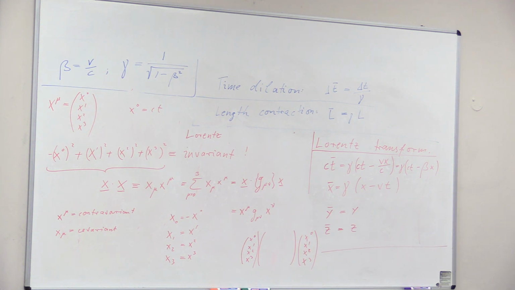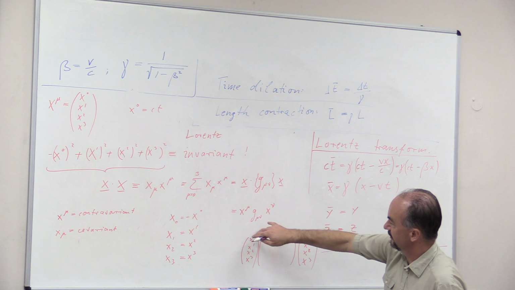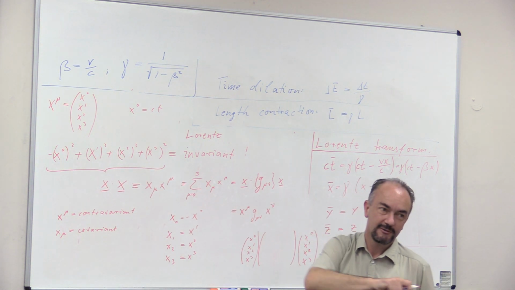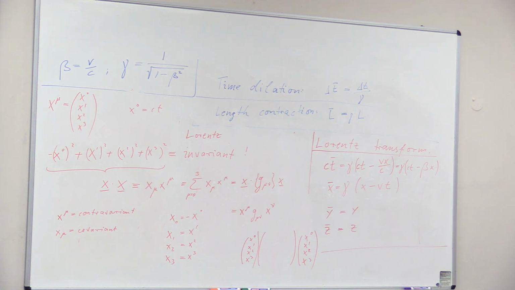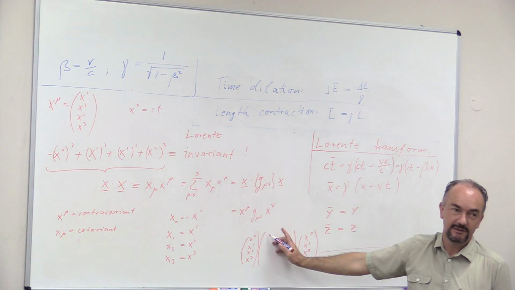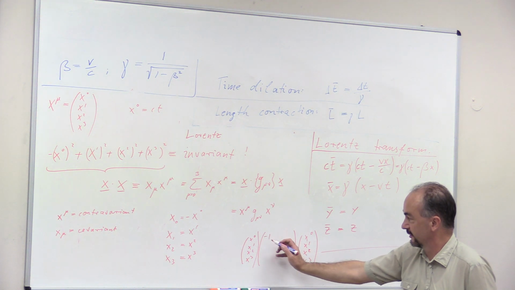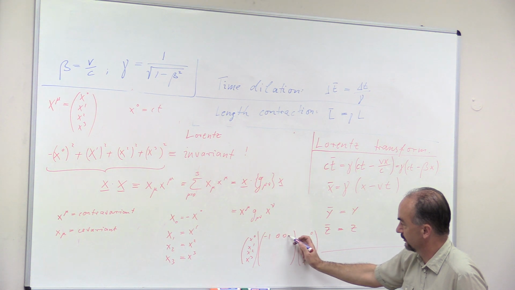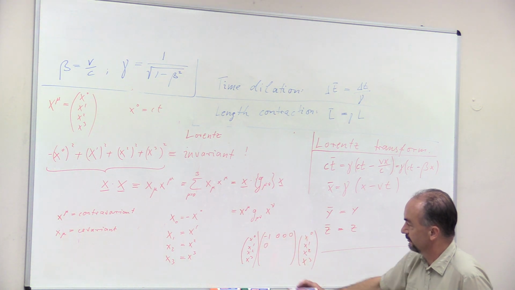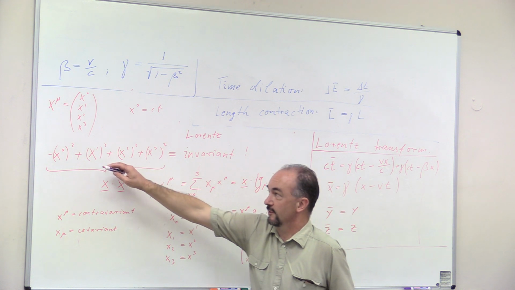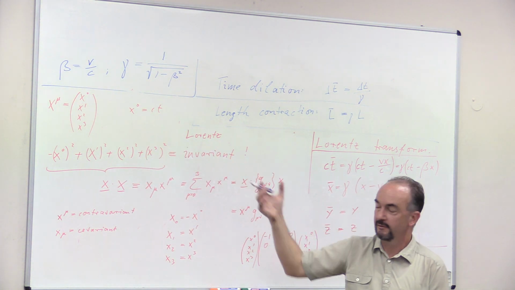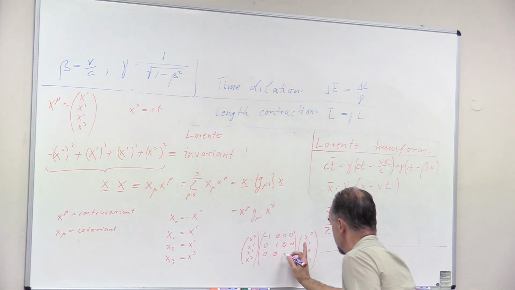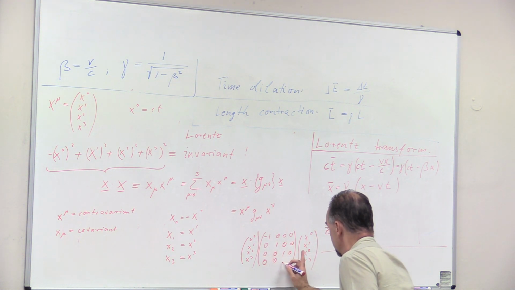What are the entries then? If you want to write this in matrix form, matrix multiplication, to get this 4-vector scalar product out, then for the 0, 0 component you get minus 1, good. There's nothing else mixing in with x0, like 0, 0, 0, and the others come in just on the diagonal with the plus. So 1, 0, 0, 0, 0, 1, 0, 0, 0, 0.